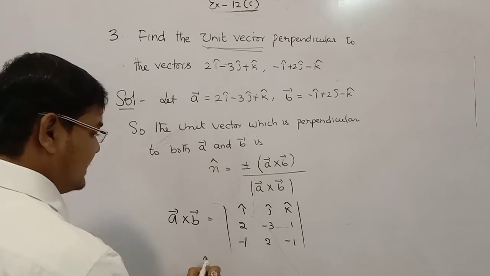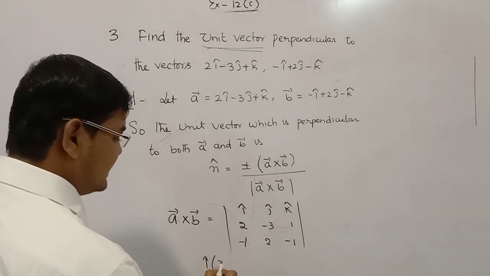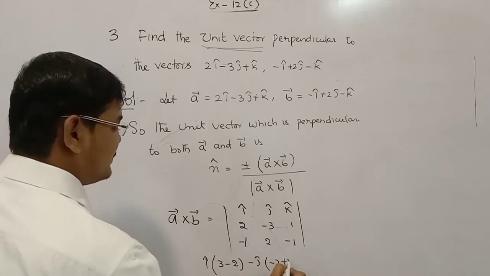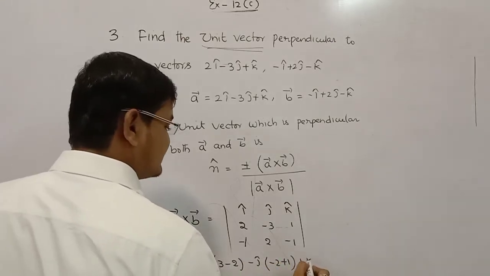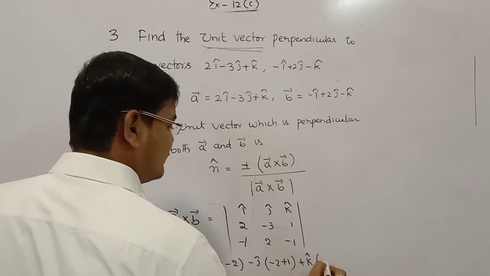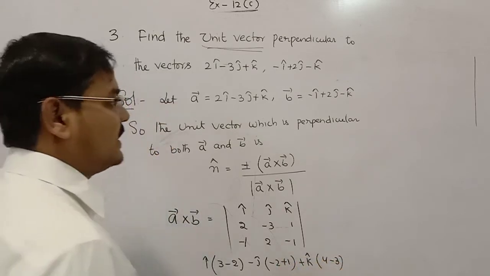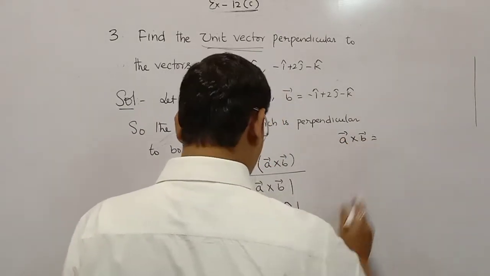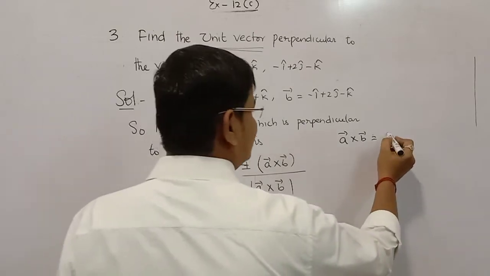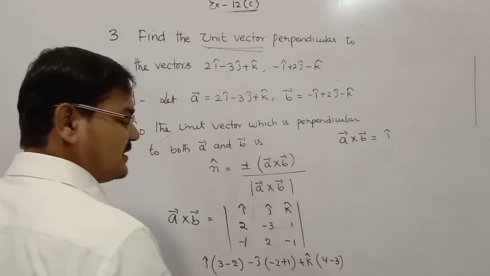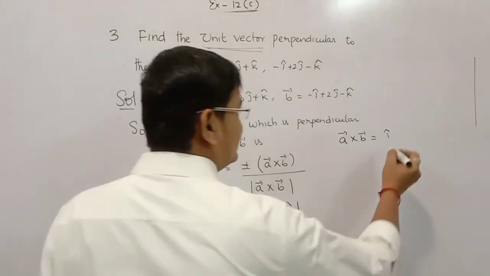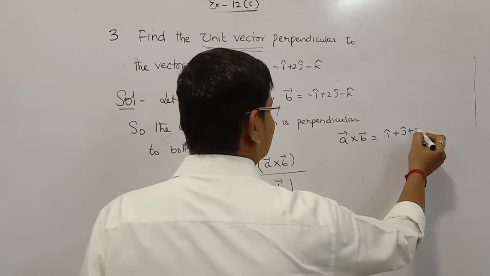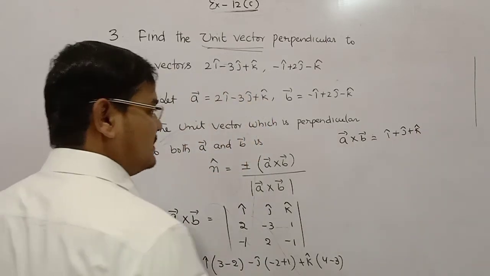Now i into (3 minus 2), minus j into (minus 2 plus 1), plus k into (4 minus 3). So what do you get finally? A bar cross B bar is equal to 3 minus 2, that is 1, so i bar; minus 2 plus 1 is minus 1, and with the minus sign it becomes plus j bar; 4 minus 3 is 1, so k bar. This is A bar cross B bar.